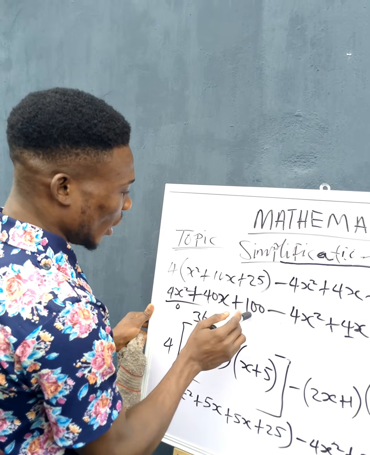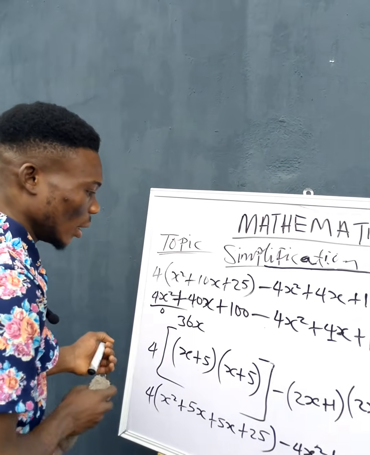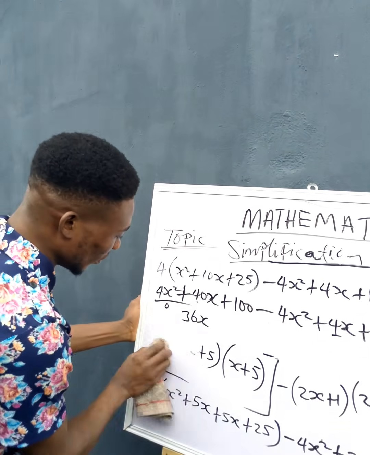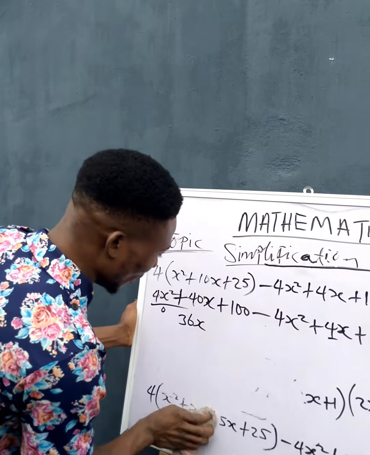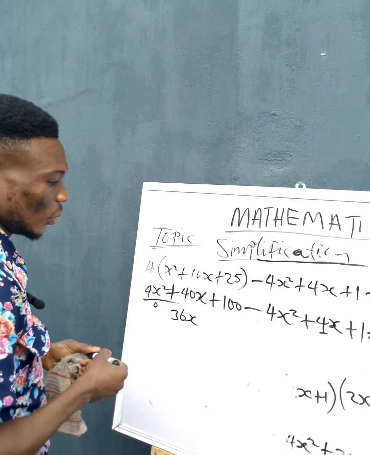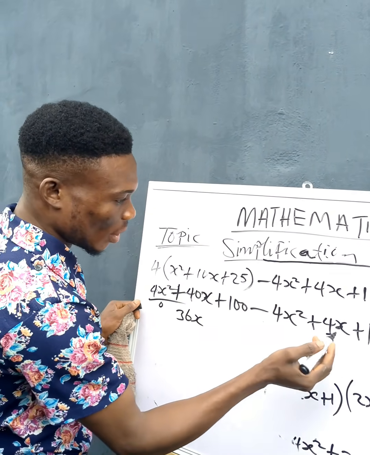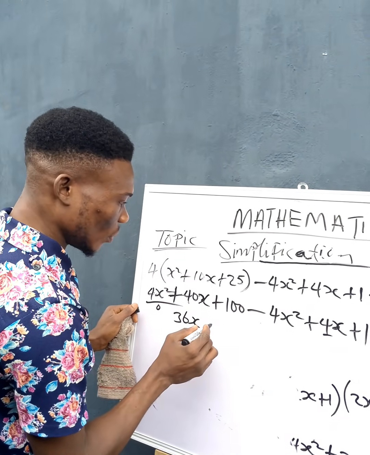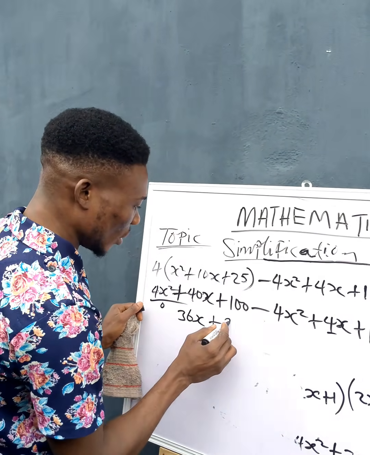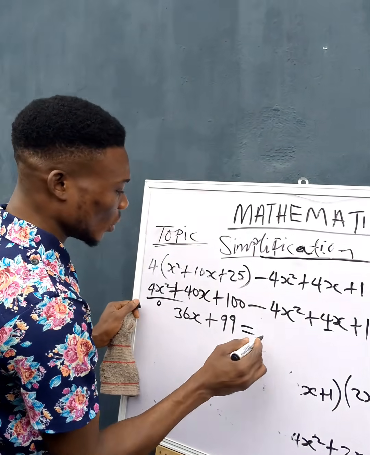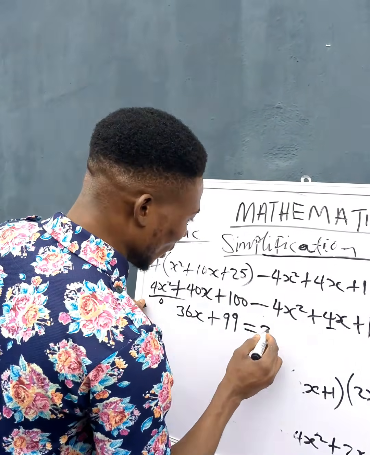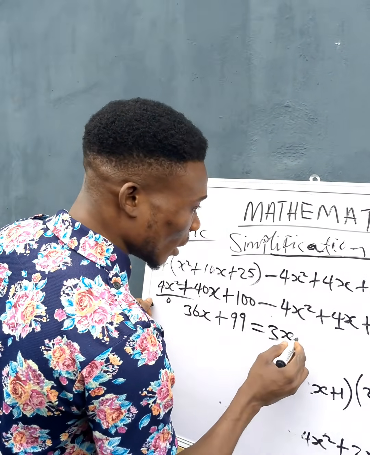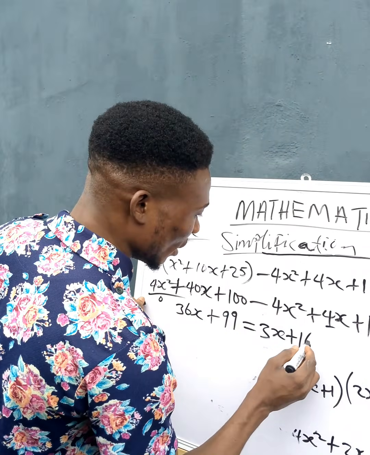Remember, 100 is on its own. Then you have to say 100 minus 1 here. You have 99. You have plus 99 equals to 3x plus 165.